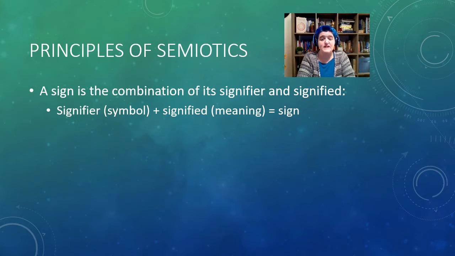And the signified, the meaning that you're attaching to it, add up to be the sign. So the sign is both things. The sign is the meaningful thing. So if a tree falls in the forest and you don't attach any meaning to it, it's not a sign.